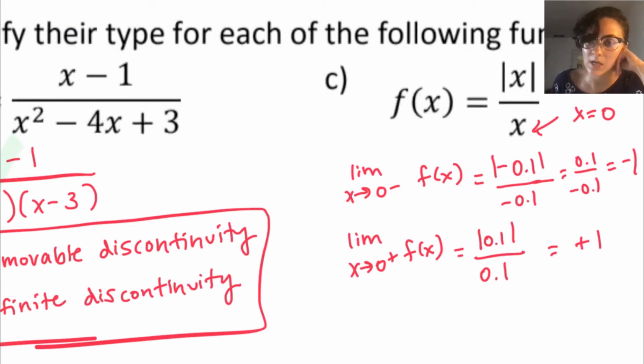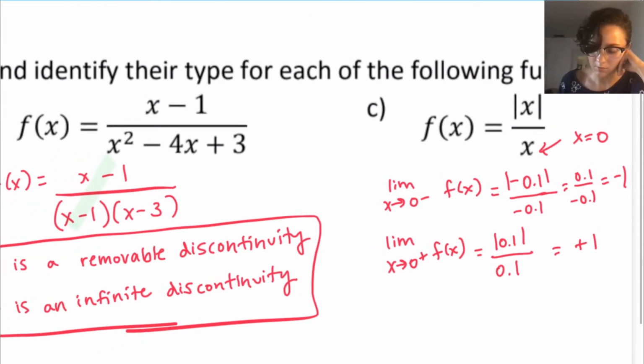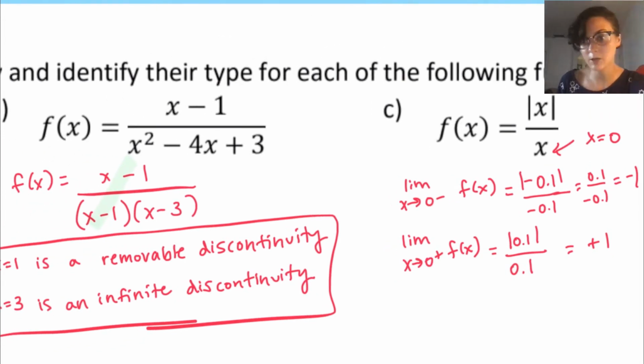So this is a really special function where from the left, I could plug in anything to the left and I would just get negative 1 because it's the same number over the same number, but we have that negative sign. And then anything to the right of 0 would be the same number over the same number, which is 1. So because the limit from the left and the right are not equal to each other, but they're not going to infinity, so I don't have a vertical asymptote here, this is a jump.